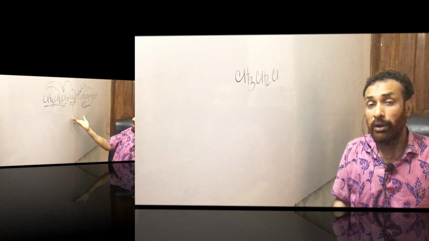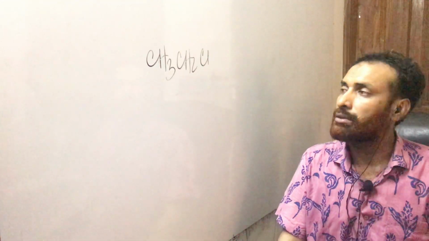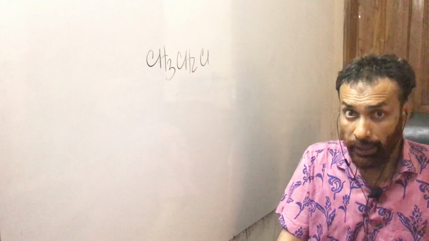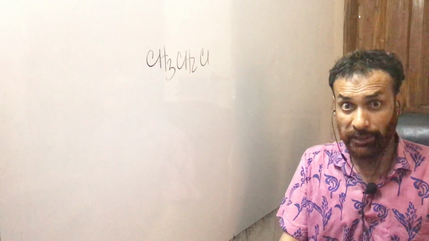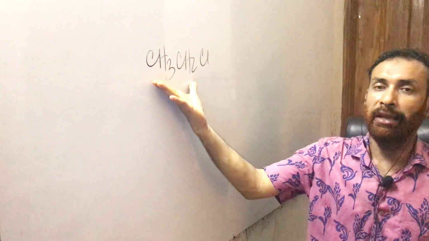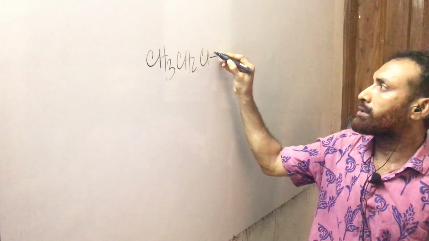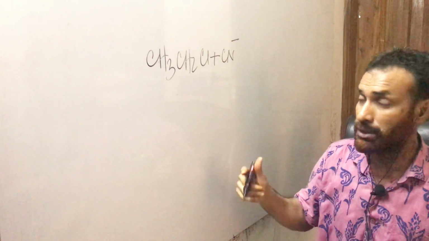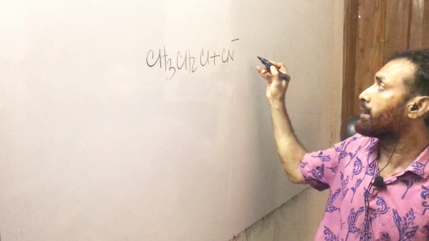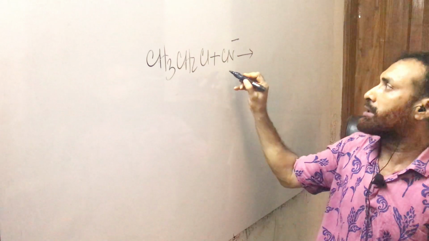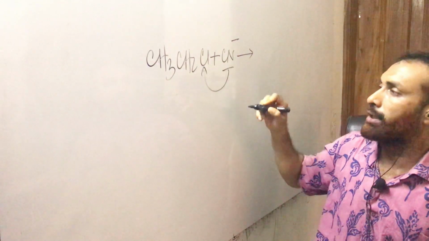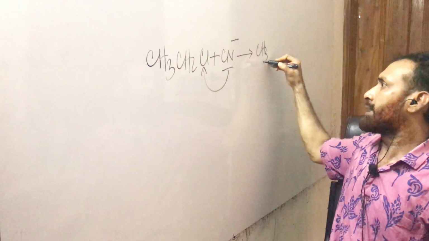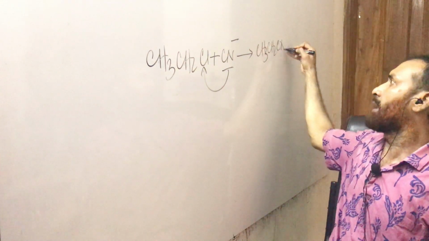Now see another reaction. The reaction is with cyanide, suppose potassium cyanide. Here we have again a halogenoalkane. This reacts with the cyanide ion, which is basically potassium cyanide or sodium cyanide, and this will also replace the chloride. The reactions are similar, and the products you will get are CH3, CH2 and CN.